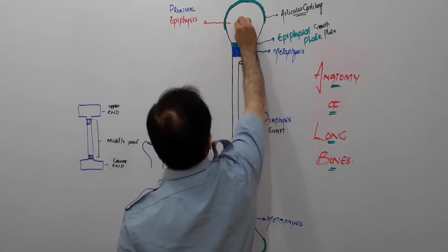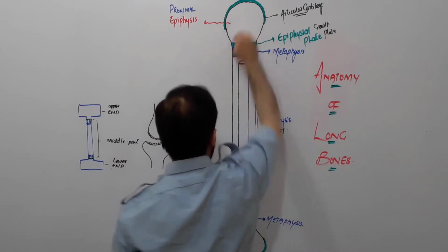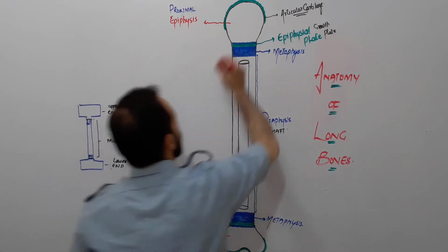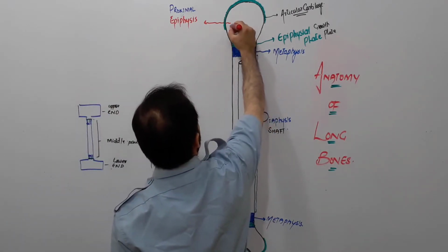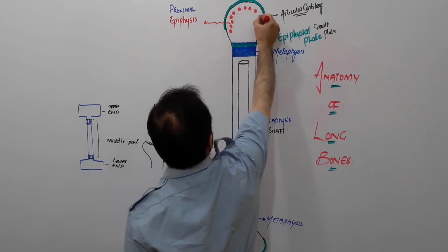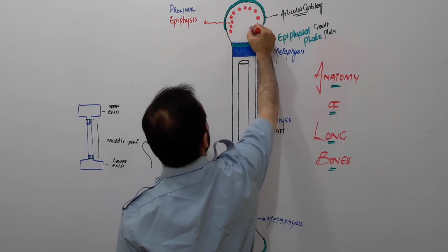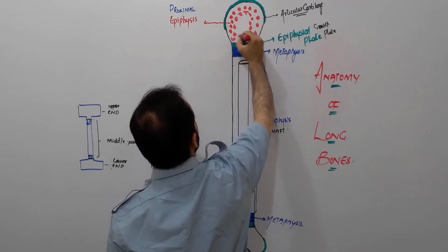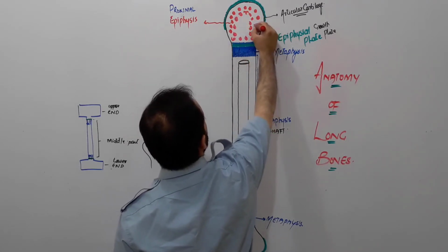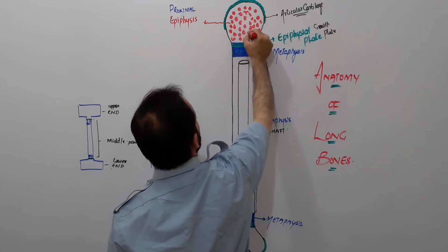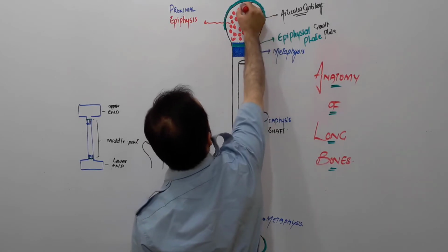Now the next important thing about the proximal or distal epiphysis. Look carefully, in this epiphysis we have red bone marrow. This is bone marrow which is present in the epiphysis, right, friends? Why is it called red?